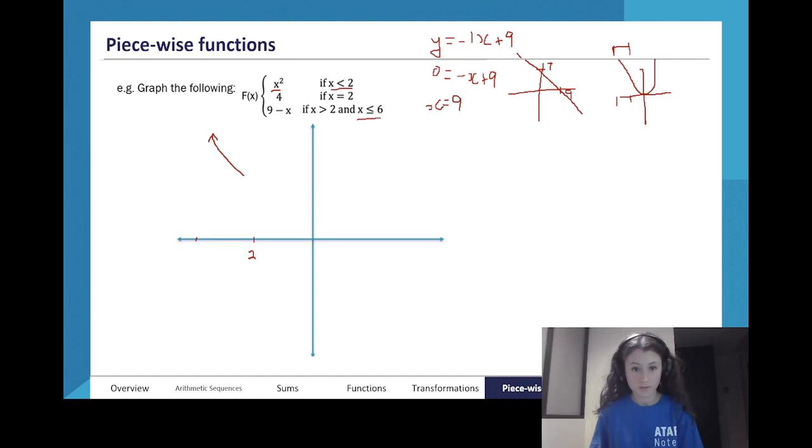So what it's going to look like is something like this. We're going to have our intercept here at 9, and then the value at x equal to 6 is going to be -1 times 6 plus 9, which is going to be 3.